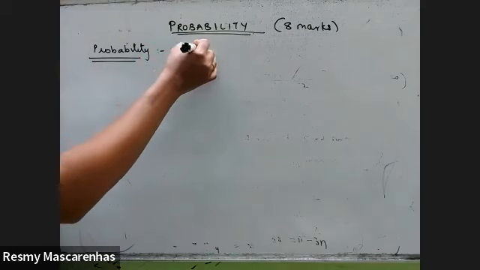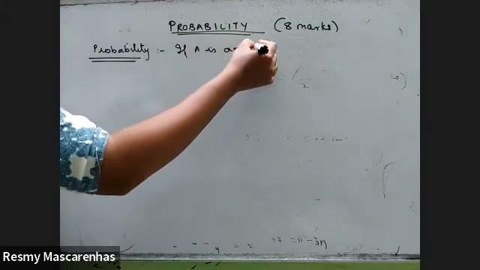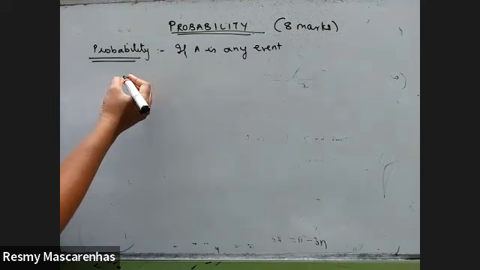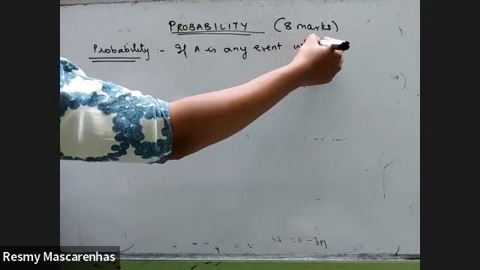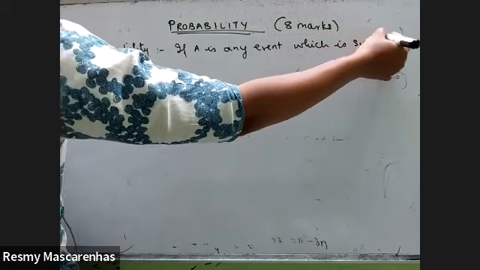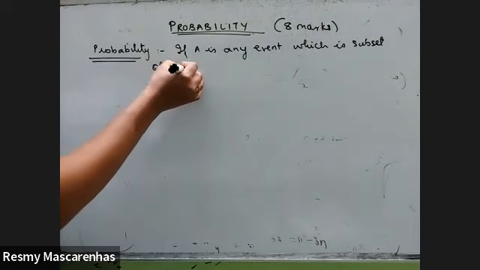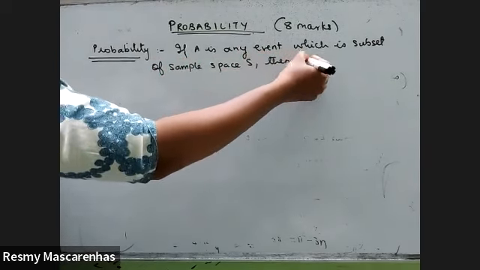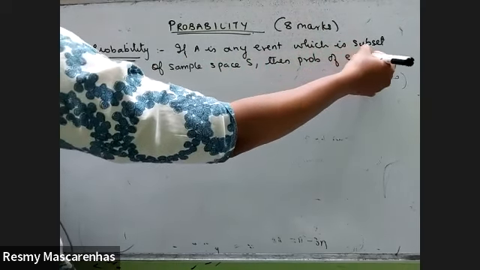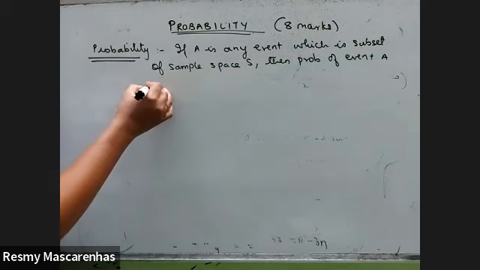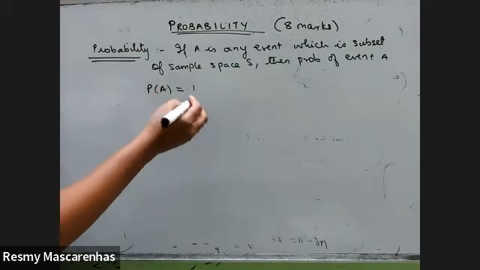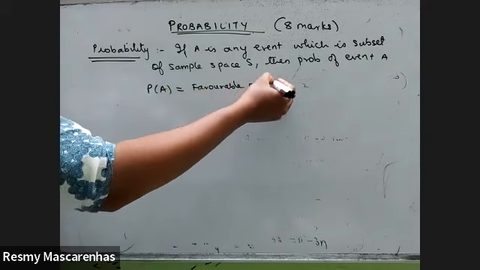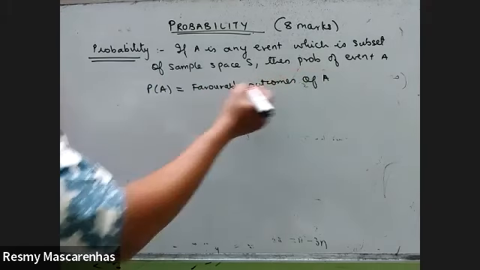If A is any event, which is a subset of sample space S, then the probability of event A is given as favorable outcomes of A upon the sample space.